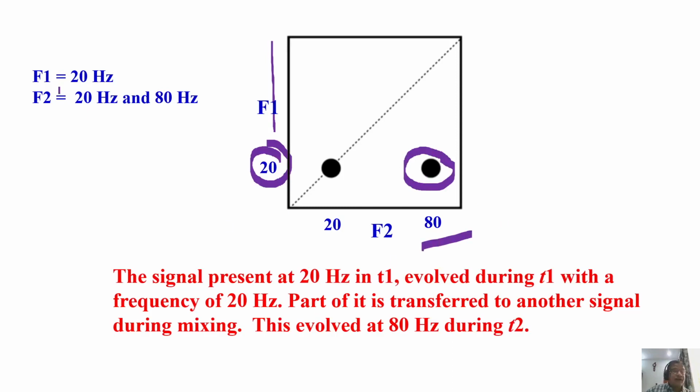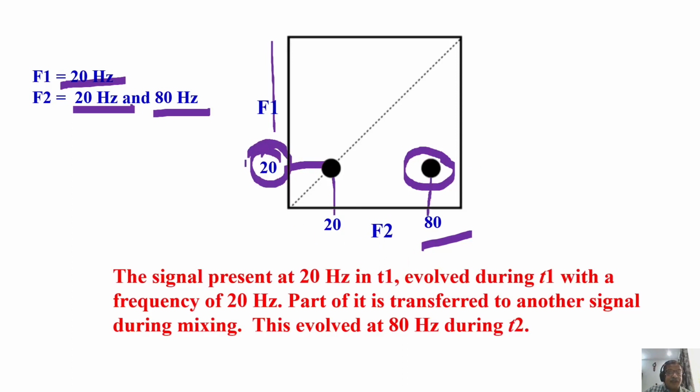You understand now? You have to see this has a frequency of 20 hertz in the F1 dimension. This has a frequency of 20 hertz and 80 hertz both in the F2 dimension. How? Look at it. In this dimension, you have only one peak which corresponds to 20 hertz. But this is the F2 dimension. There is one peak here at 20 hertz. There's another peak here at 80 hertz.